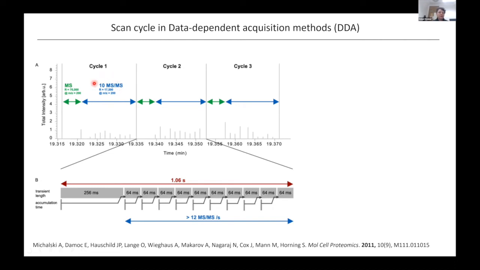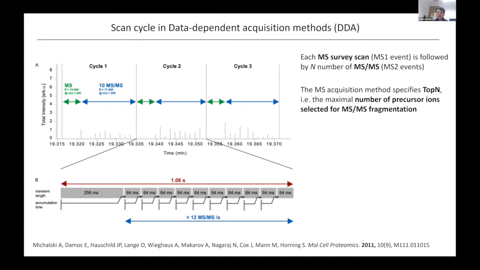In this case, we've set the method to analyze 10 different peptide peaks. After scanning through each of these 10 precursor ions, the whole cycle starts again. So another survey spectrum is generated, and from that survey spectrum, another 10 fragment ions are selected and generated in that way.